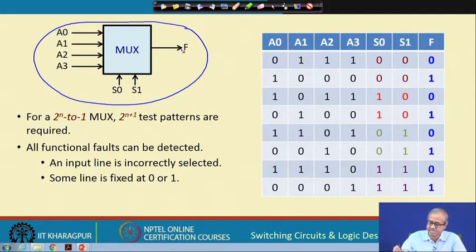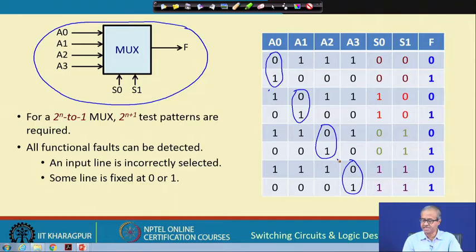The assumption is that for S1 S0 equal to 0 0, we are selecting A0. If it is 0 1, that means S1 is 0, S0 is 1, S0 is the least significant bit, then A1 is selected. If it is 1 0, S1 is 1, S0 is 0, then A2 is selected, and if it is 1 1, then A3 is selected.